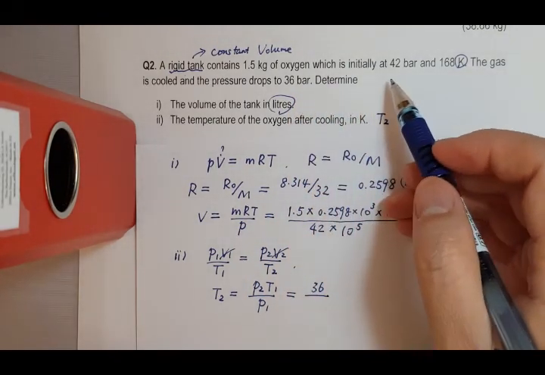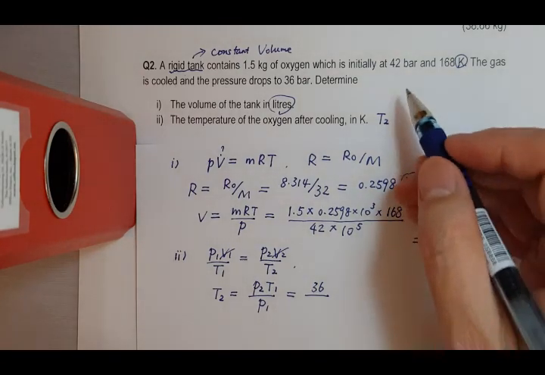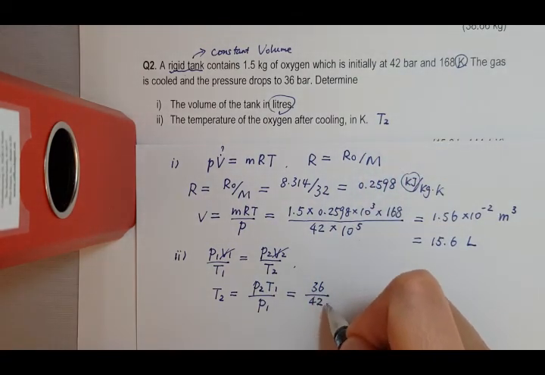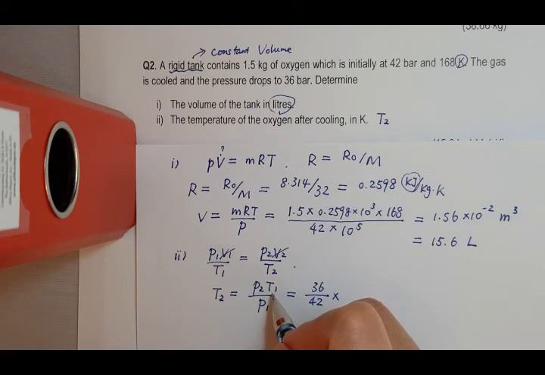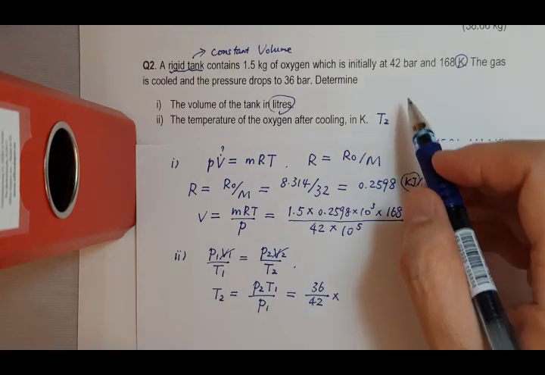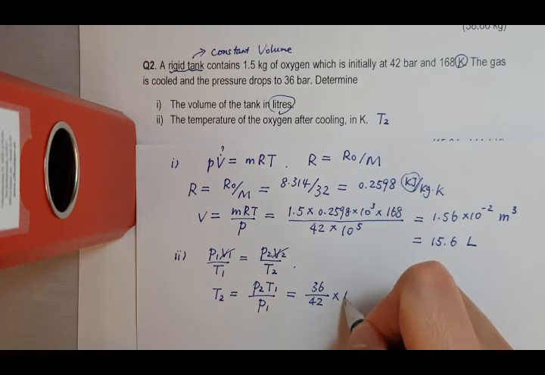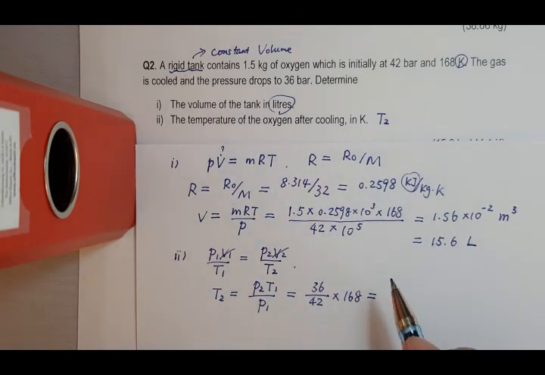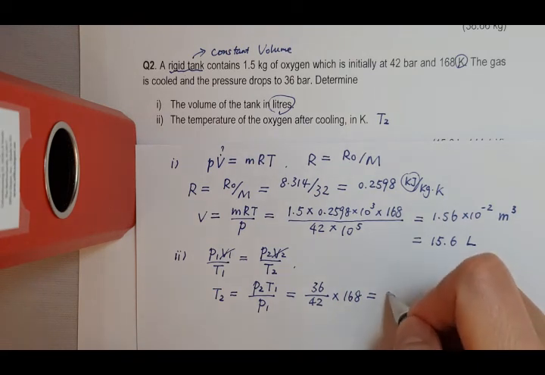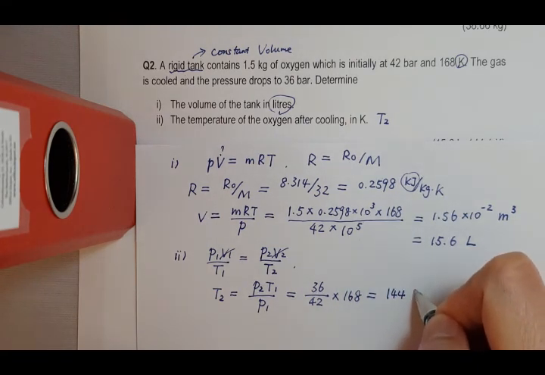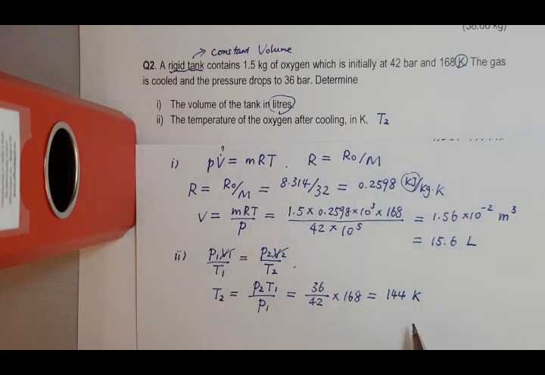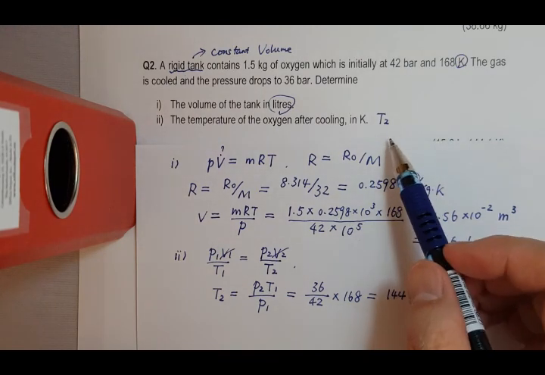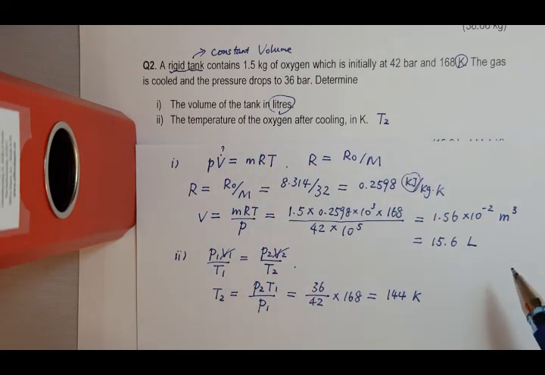P1, the initial pressure, is 42 bar. T1 means the initial temperature, which is 168 in Kelvin. This is quite a simple calculation, and finally we get 144 Kelvin. This is exactly the T2 temperature of the oxygen after cooling. So that's the solution for question 2 in tutorial 4.